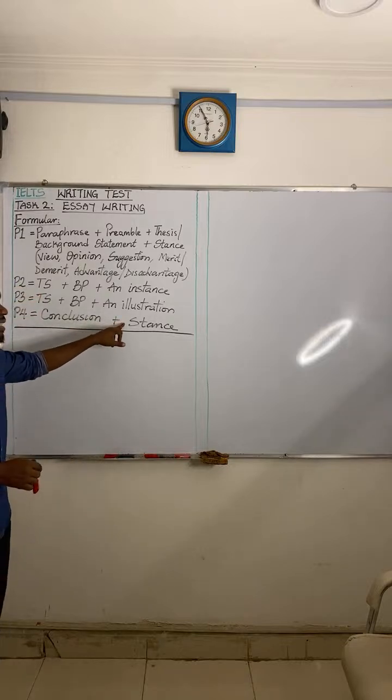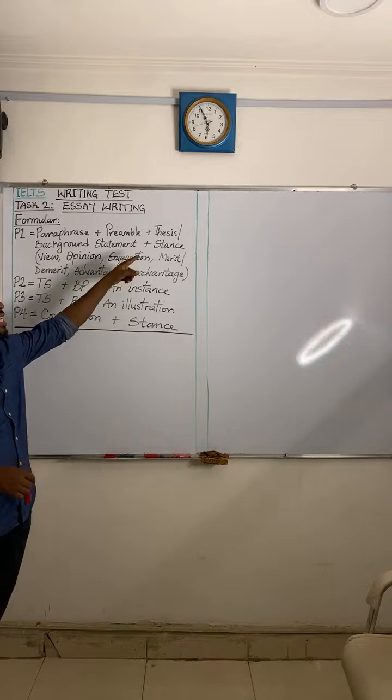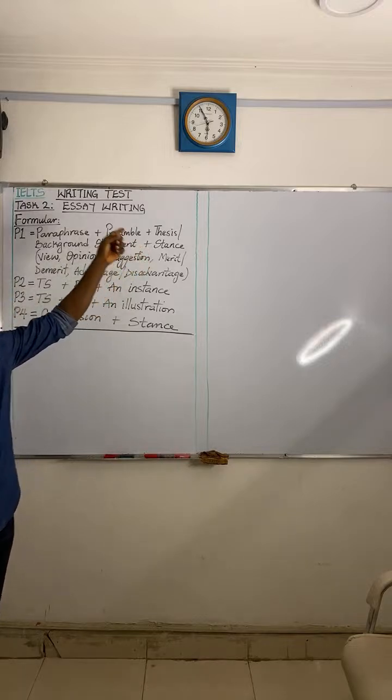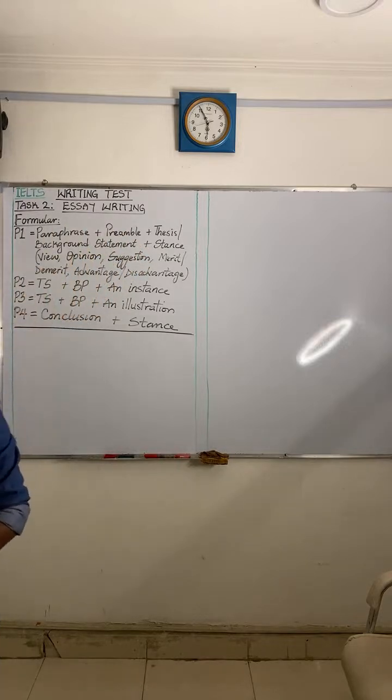Now, this stance is already established in your paragraph 1. Don't forget that. Remember, I said stance could be your opinion, your view, your suggestion, merit or demerit, right? So whatever it is you have written in paragraph 1 as your stance, you are bringing it down to paragraph 4. But when you're bringing it down, do not copy it verbatim.